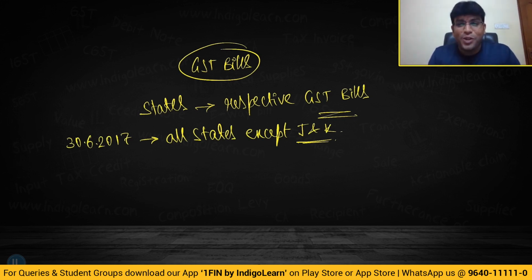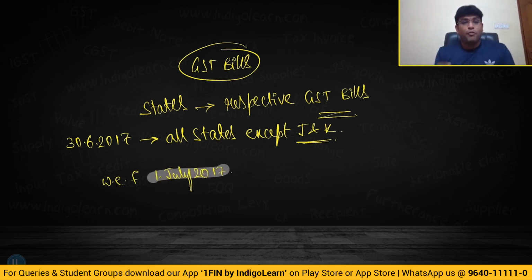We all know that GST came into India with effect from 1st of July 2017. Everybody knows this concept. Now, when GST came to India on 1st of July 2017, it was applicable to the whole of India except Jammu and Kashmir.